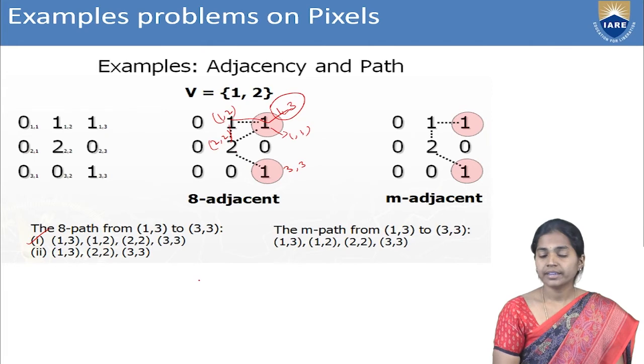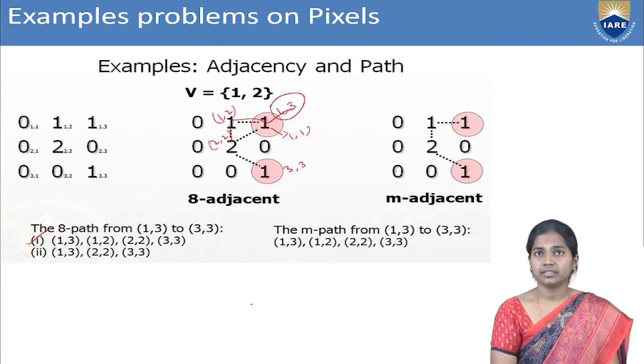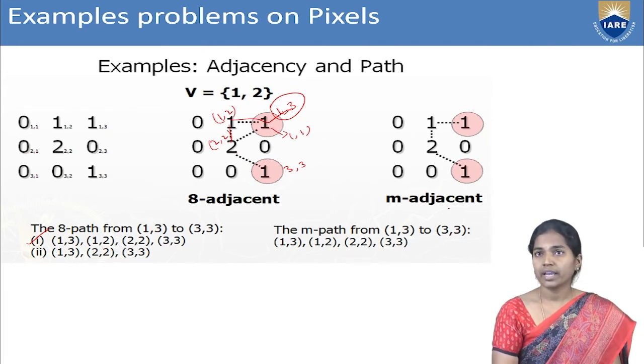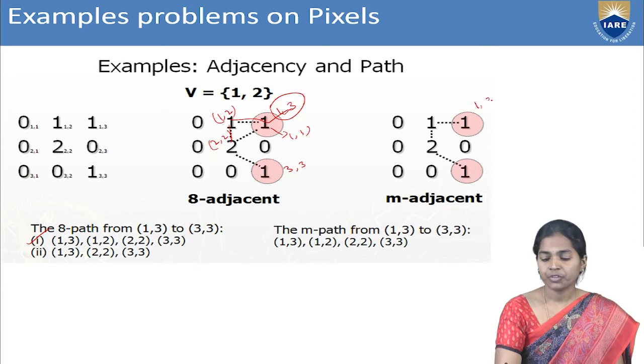So this is 8 adjacency. When we go for M adjacency, it is 1,3, then 1,2, then 2,2, then 3,3. So we reach from 1,3 to 3,3 through 1,3, 1,2, 2,2, 3,3.